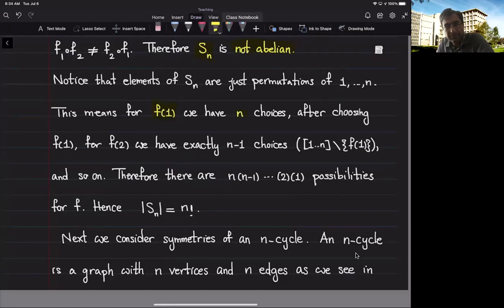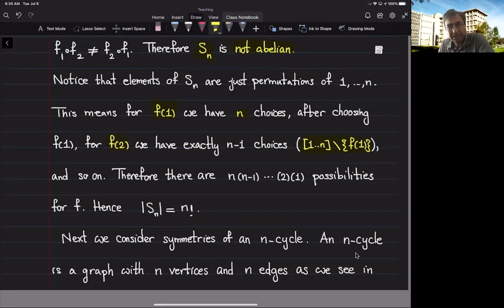Now, if I fix f of 1, then f of 2 can go to any of these values except f of 1. That means f of 2 has n minus 1 possibilities. Now we can choose any of these for f of 2 and then continue like that.